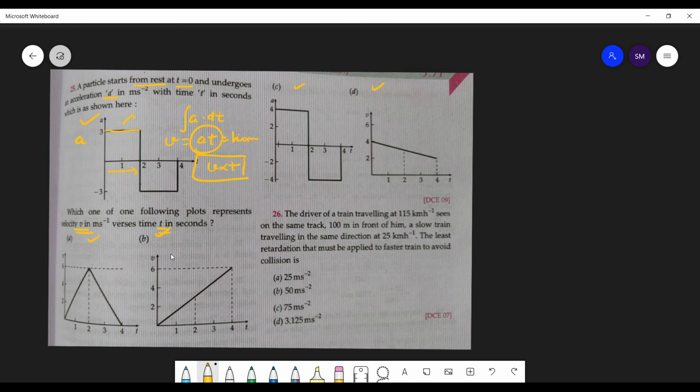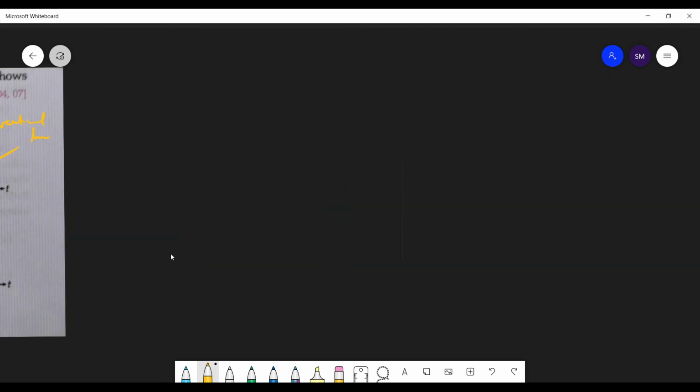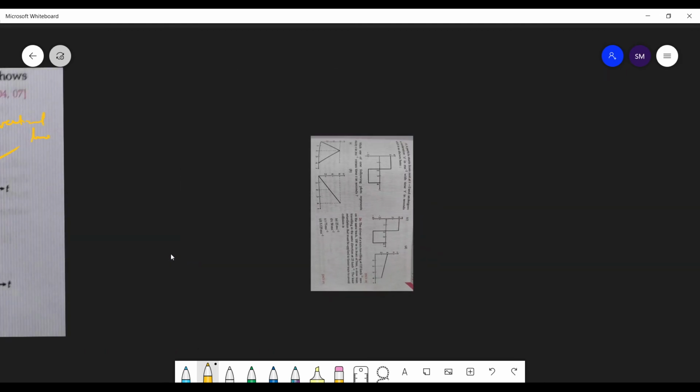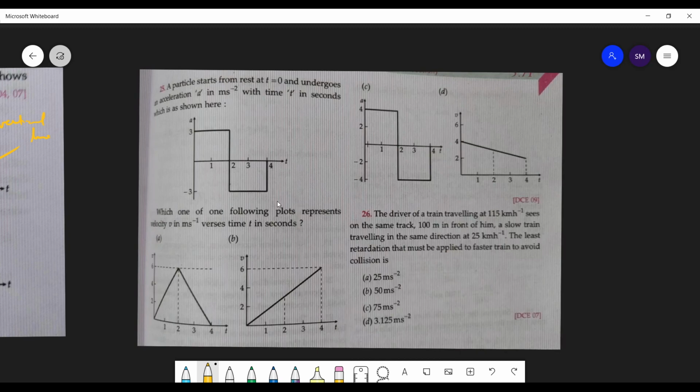We have done the graphs like this: this is a position time graph. If this is a parabola, so degree 2, y is equal to x square. Then we get the graph of degree 1, which is velocity.